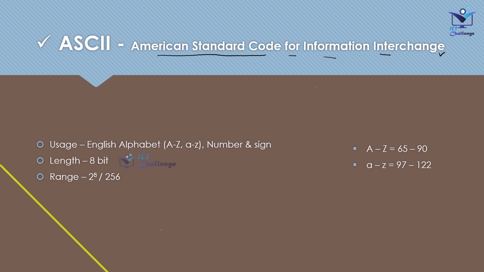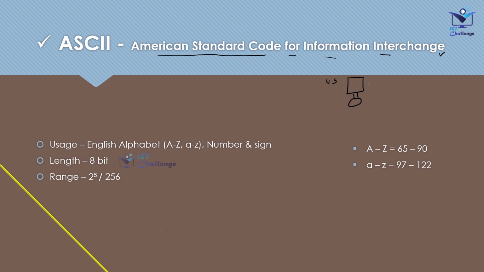We all know that at first the computer was invented in the US, or America, right? So they wanted the computer to understand their language at first. That's why they needed to give a unique identity to each letter, digit or symbol used in their language.